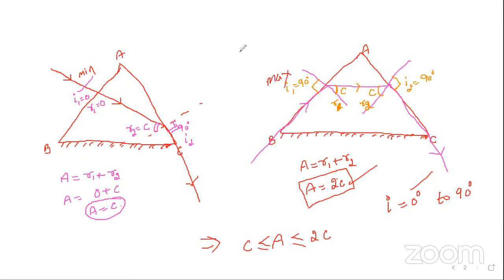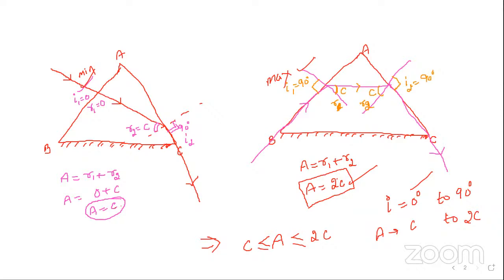For minimum angle of incidence, the angle of the prism is C. For maximum angle of incidence, 90 degree, the angle of the prism is 2C. So this clearly tells the angle of the prism should lie between the critical angle and twice the critical angle.